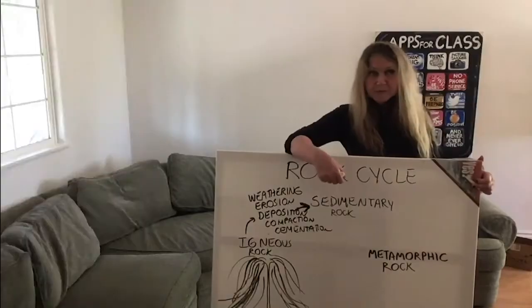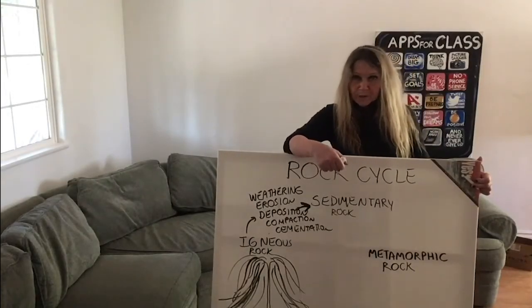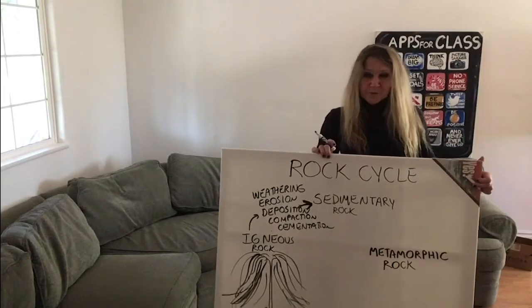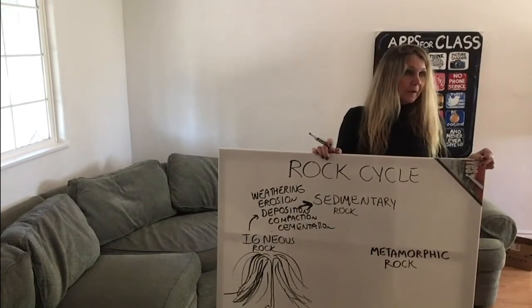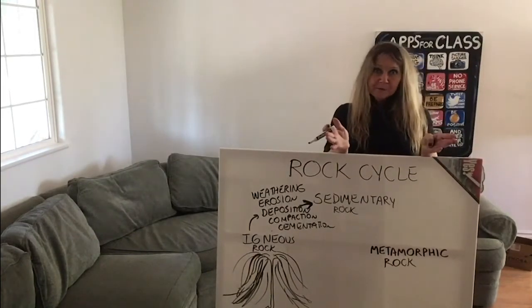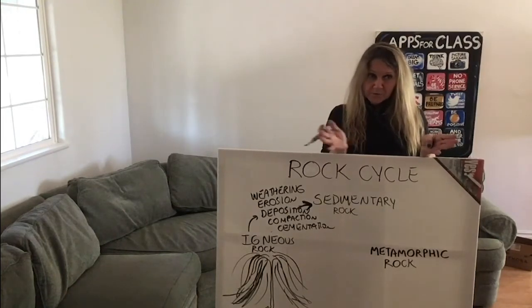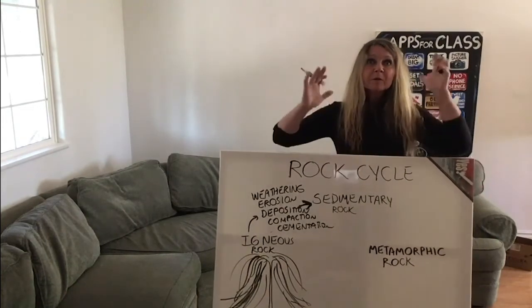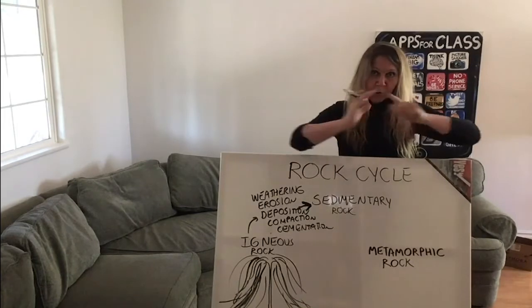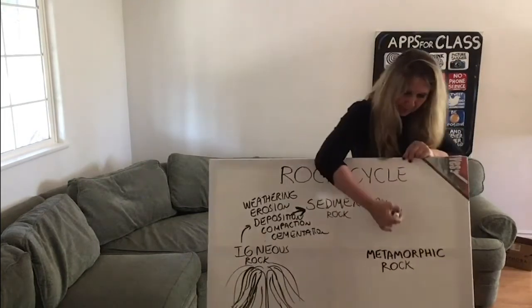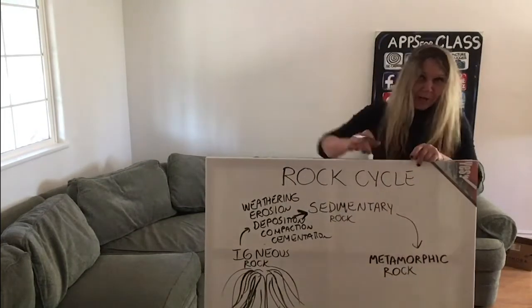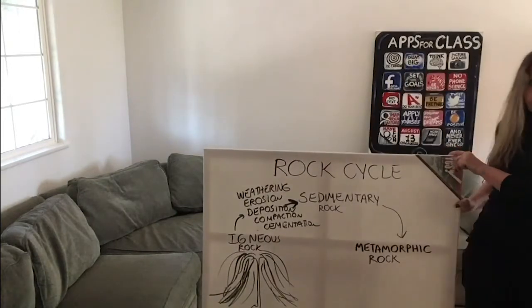If now this sedimentary rock, let's say, is exposed to a lot of heat or a lot of pressure, so for example, it is along convergent boundaries. So the sedimentary rock is along two converging plates. Remember the crash, they're coming together like those bighorn sheep coming together. All that pressure is going to change that rock into metamorphic rock.